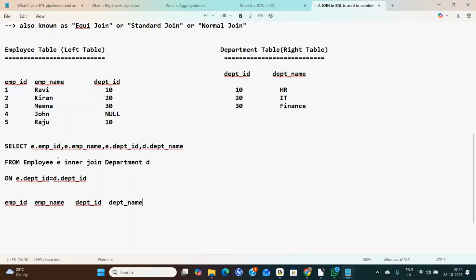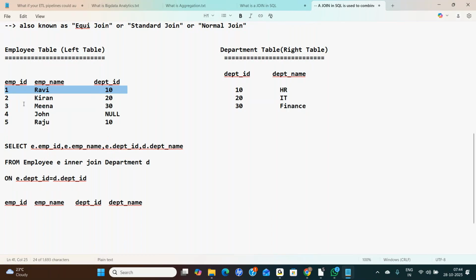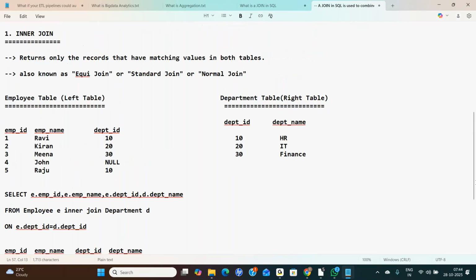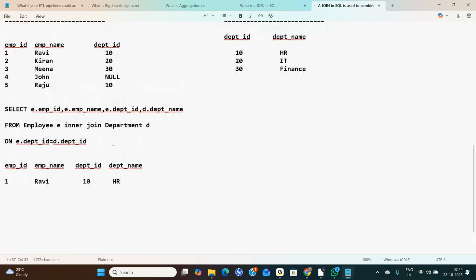Take the first row. What is the department ID in the first row? 10. Does 10 have any equivalent matching value in the right table? Yes, HR. A match is there, so it returns the value HR.